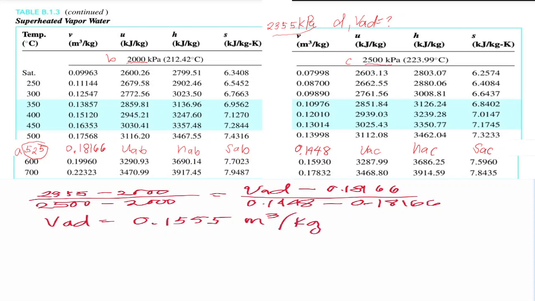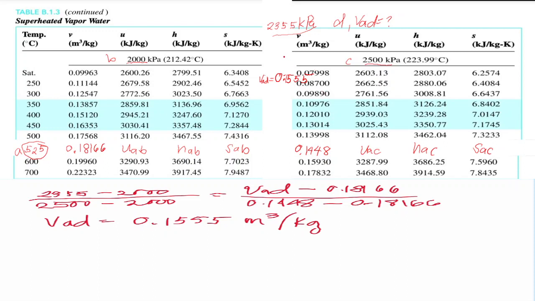Okay, so we have to insert that here. So we have the value of your VAD somewhere here. The value of your VAD is 0.1555.